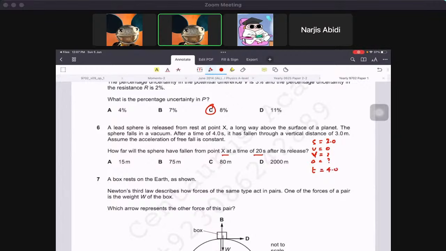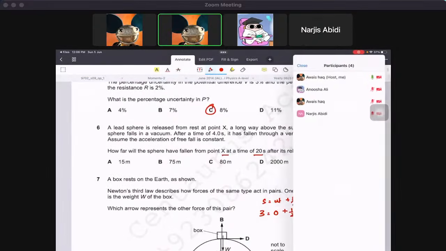So S equals to UT plus half AT square. So this will be 3, this will be 0, this will be half, this will be A and time will be 4 squared. So if we get the acceleration there, then we can actually use it to find other things as well.